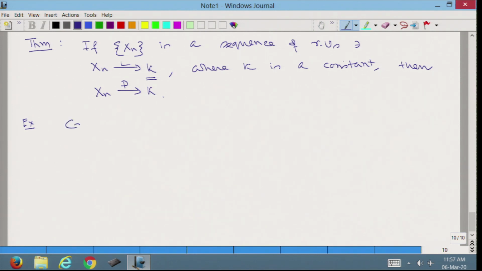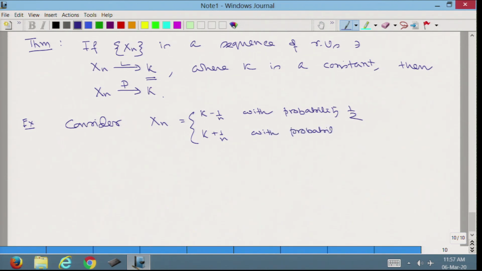Suppose consider x n to be distributed as follows. It takes the value k minus 1 by n with probability half and k plus 1 by n with probability half.